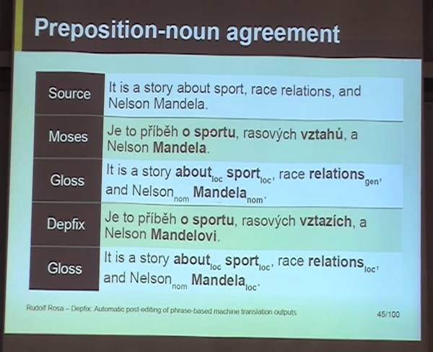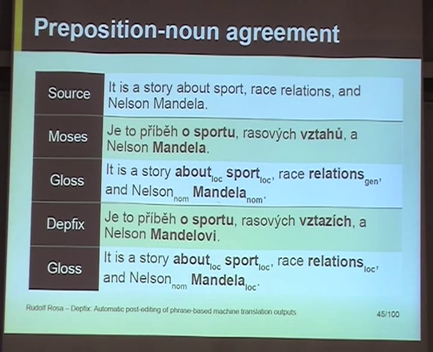Preposition-noun agreement. The source sentence is: it is a story about sport, race relations, and Nelson Mandela. And Moses gives us "je to příběh o sportu", that's correct. "Rastových vztahů", that's a bad case. And "Nelson Mandela", that's a bad case again.